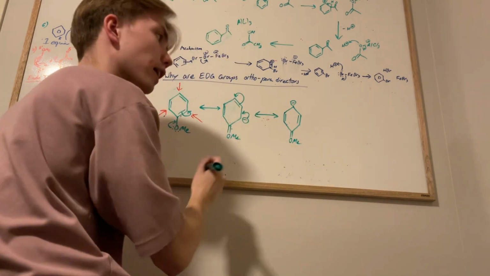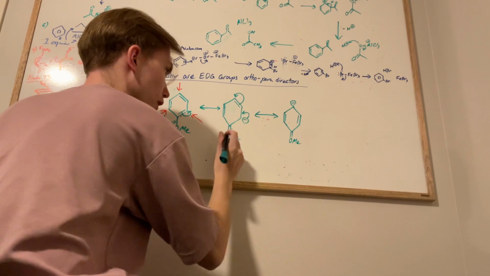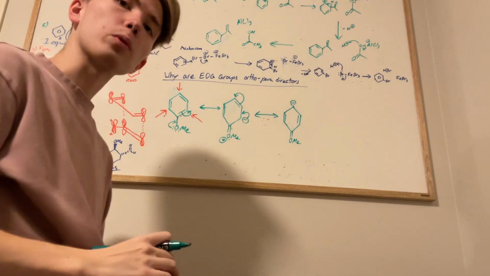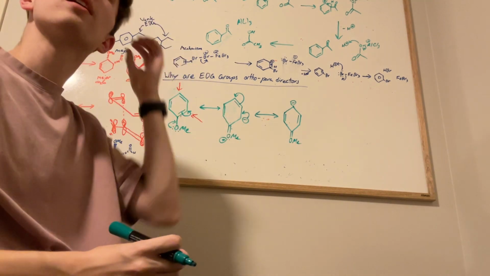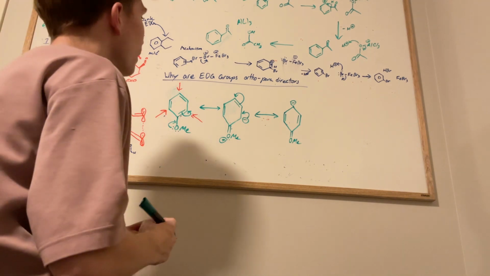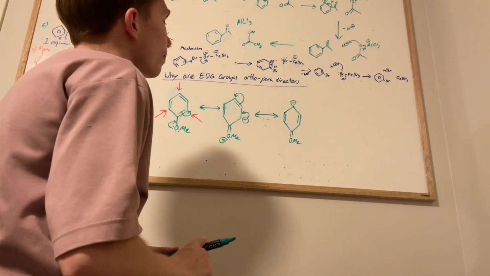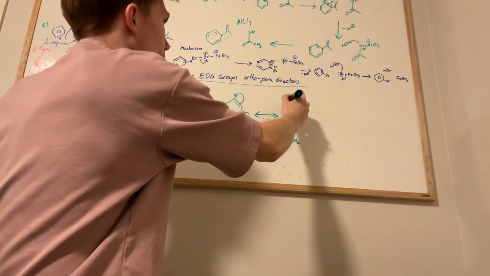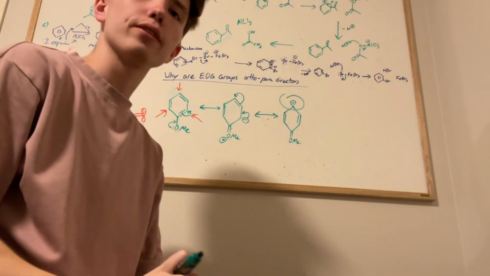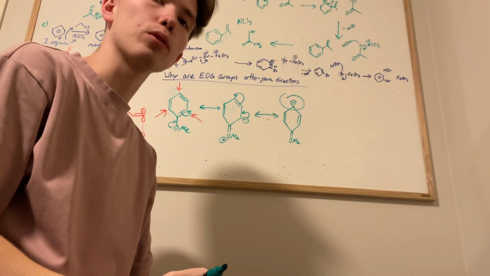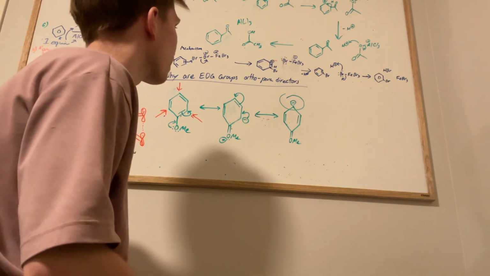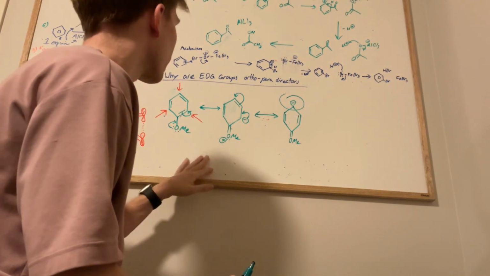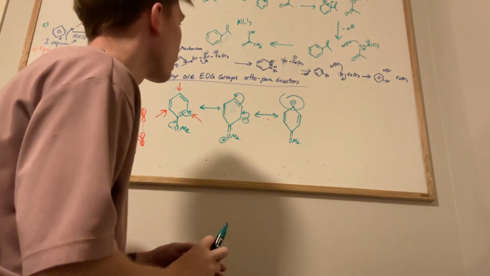And my apologies, I forgot to place a positive charge on this oxygen, because that's what happens when one of its lone pairs leaves to form a pi bond. So now we can see this position is enabled to react in a nucleophilic manner, and it's going to attack that electrophile.